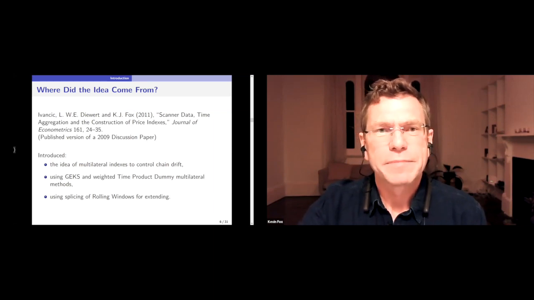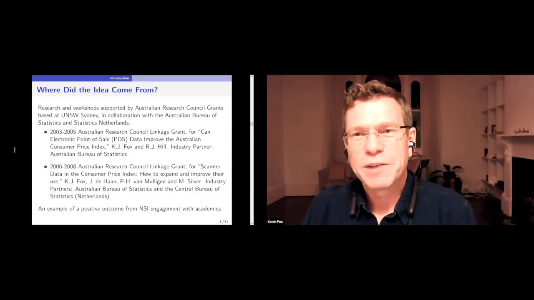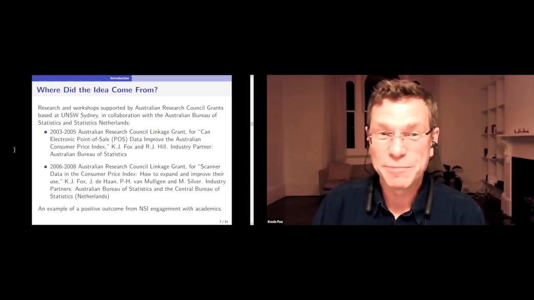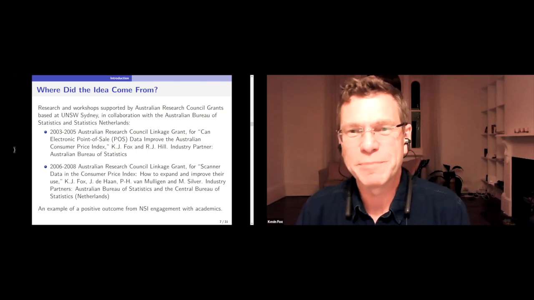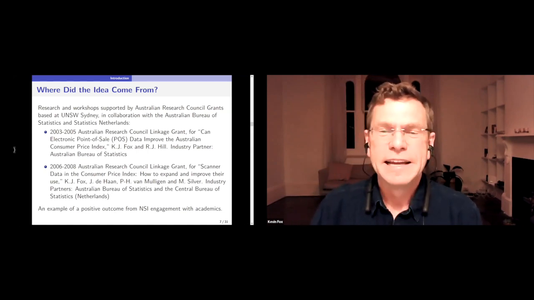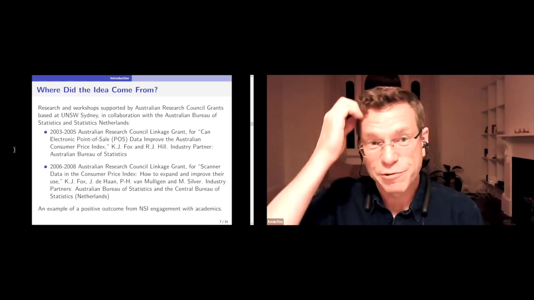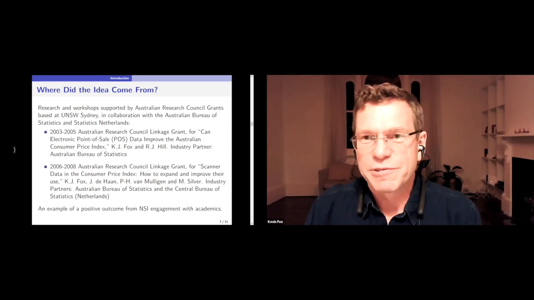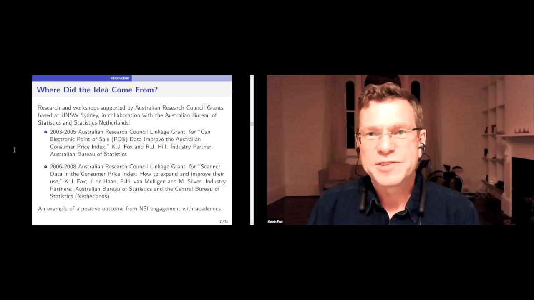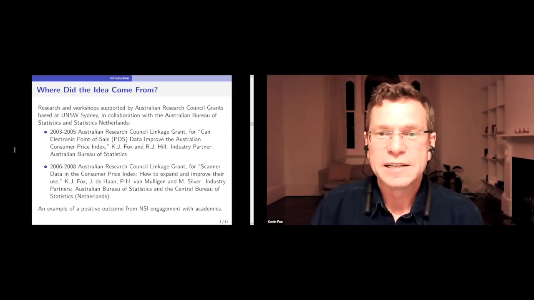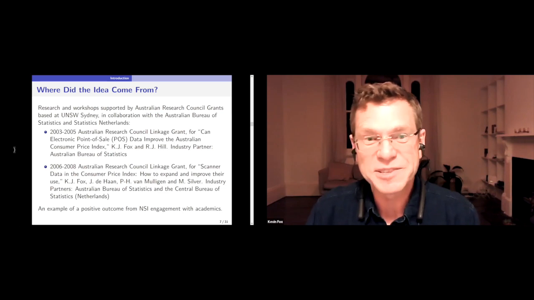Okay, so how did we come about to do this work? Well, I was actually asked by the Australian Bureau of Statistics to discuss a paper at the Methodology Advisory Committee, on using scanner data, and that led to a collaboration through the Australian Research Council grant, 2003 to 2005, and then a subsequent grant, 2006 to 2008 inclusive, which also included the Central Bureau of Statistics, or Statistics Netherlands.